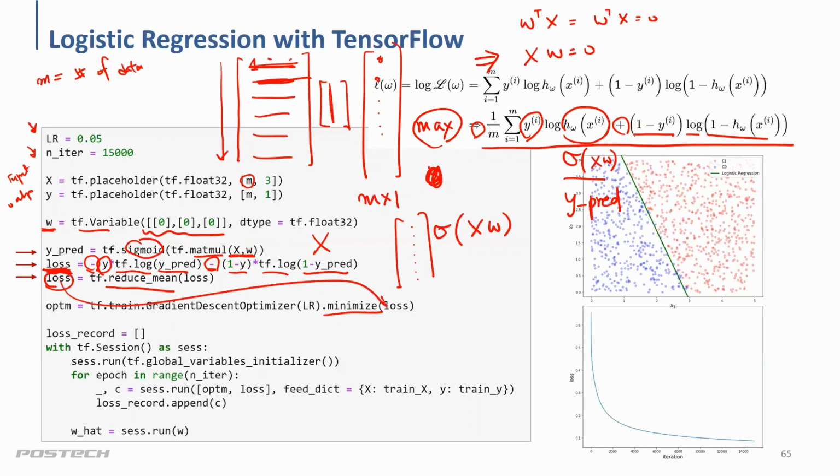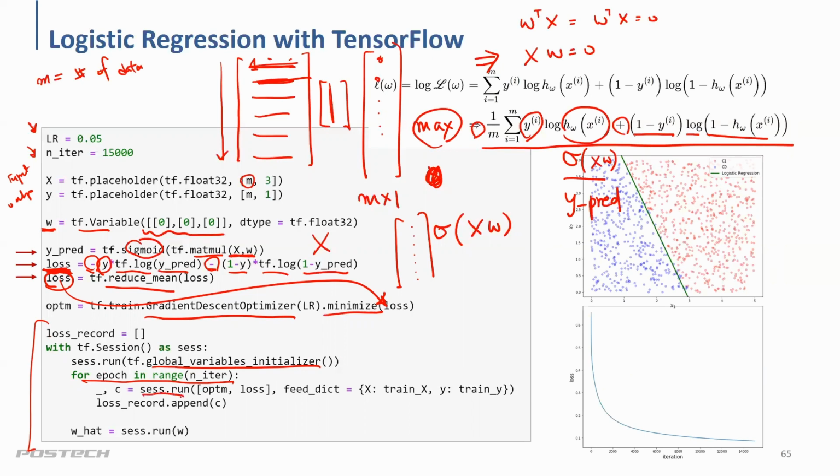And this will be the loss value I'm going to minimize using the gradient descent optimizer. Right? And here it's pretty much the same. I use a global variable initializer.